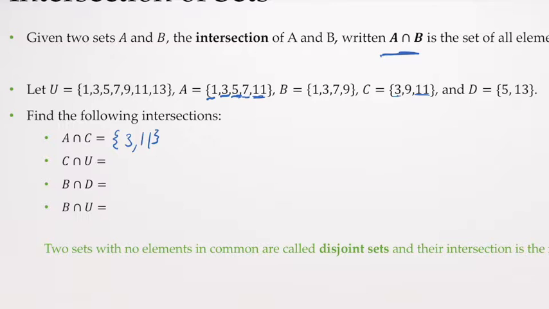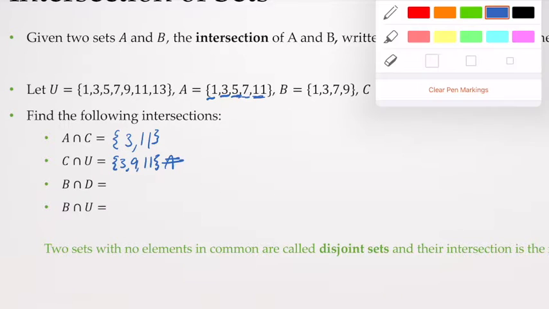Next, let's take a look at C intersection the universal set. Well, we know that all the elements in C are also in the universal set because these are all elements from the universal set. So the intersection is going to be just C. And that's something to keep, oops, I meant to write an equal sign there.